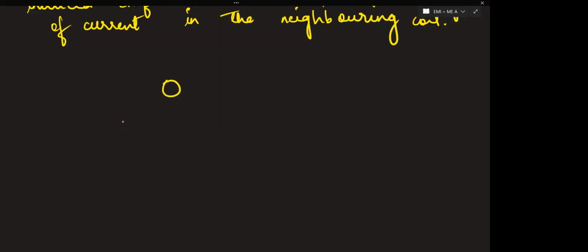Fine. So here also you will see flux is directly proportional to the current.